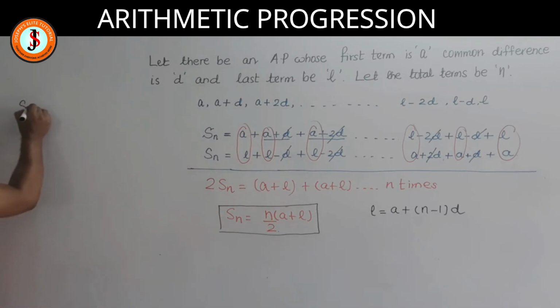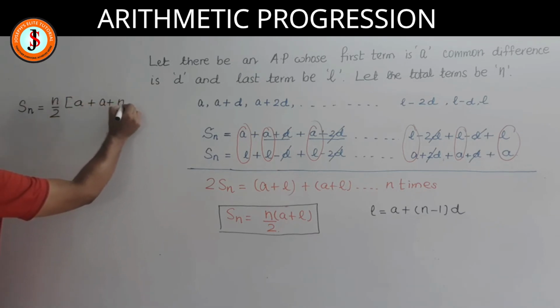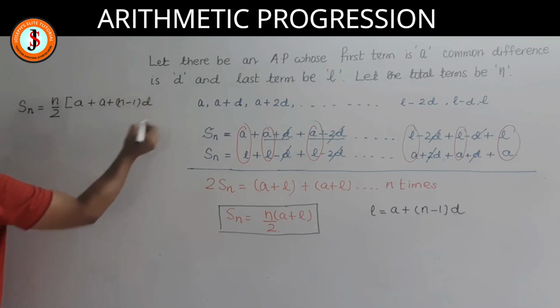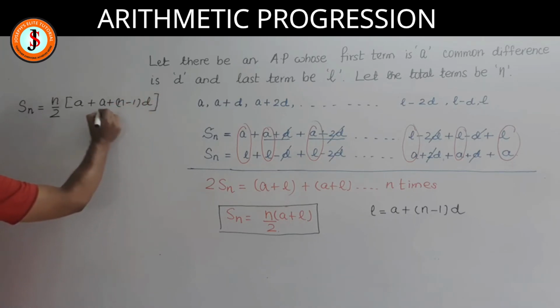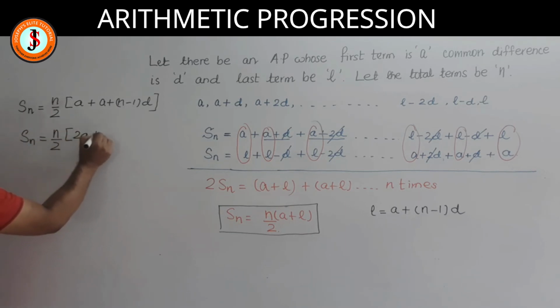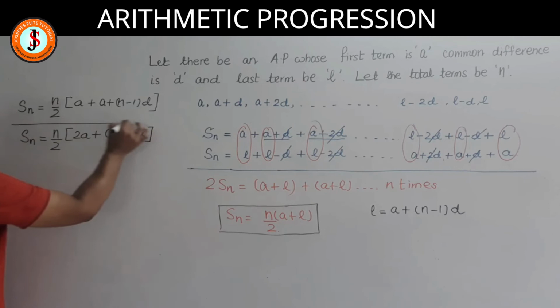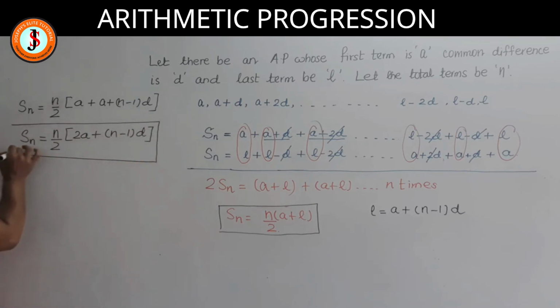So what will happen? Sn is equal to n by 2, A, and instead of L I write A plus n minus 1 into D. So here there was L, I put A plus n minus 1 into D instead, so the formula quickly changes to n by 2 into 2A plus n minus 1 into D. So this is the main formula and this is the second formula.